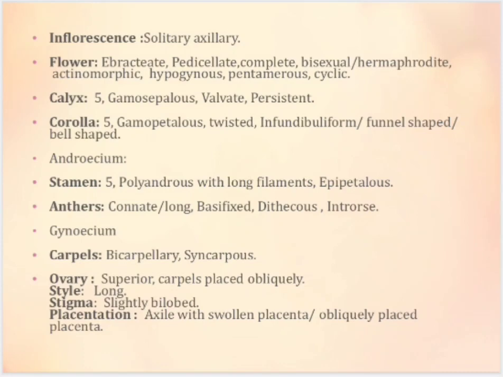5 sepals are present in the calyx, and as we studied earlier, all sepals are fused, hence gamosepalous condition. Aestivation of sepals is valvate and sepals are persistent. 5 petals are present in the corolla, and like sepals, petals are fused to each other, gamopetalous condition.